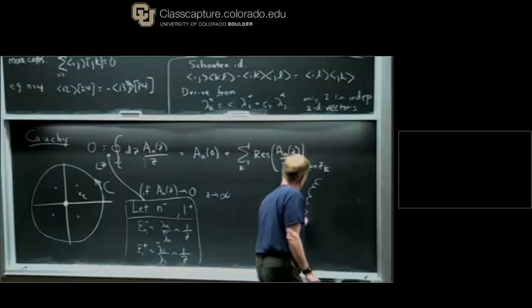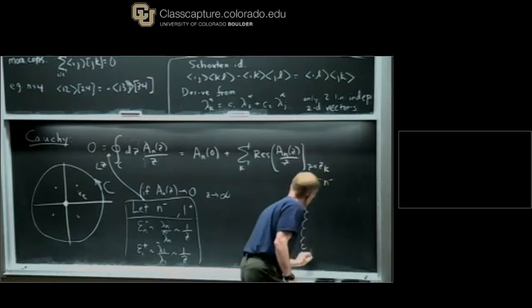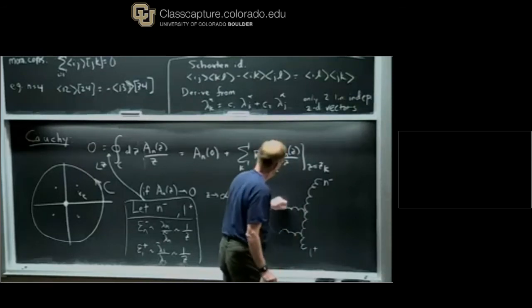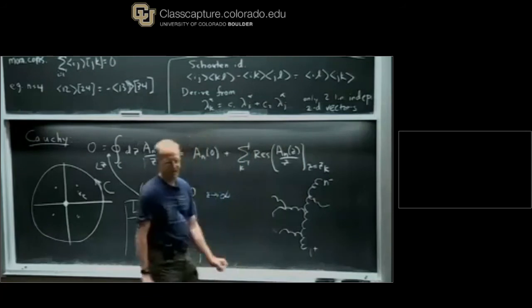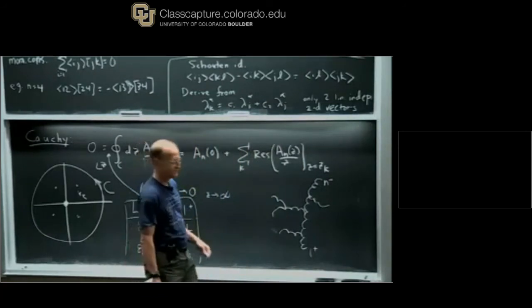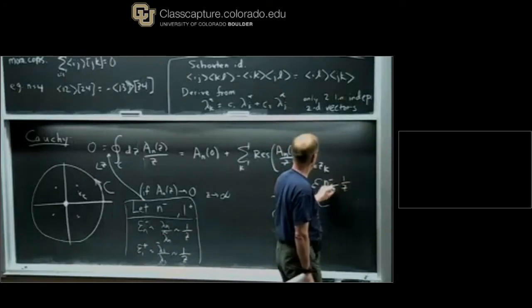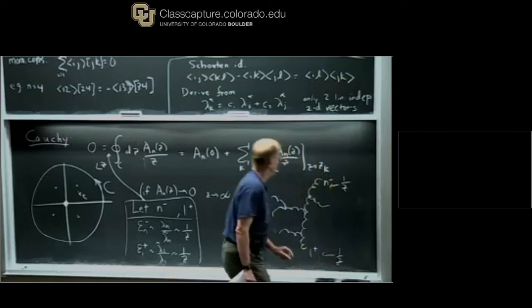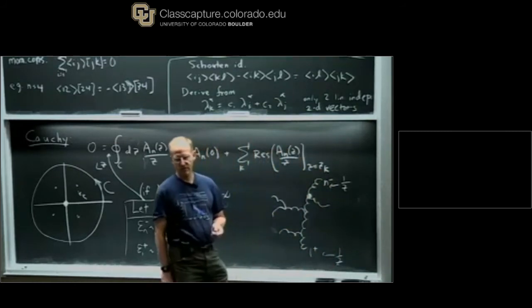Now we're going to look at a generic Feynman graph and count powers of z. Because of this choice, we got a 1 over z from the wave functions. What about this vertex? How does this vertex go with the momenta?